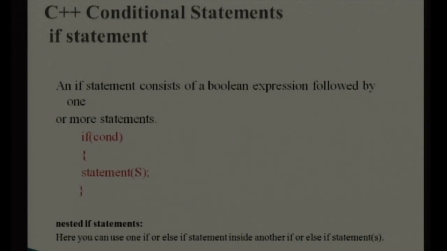If it is true, then whatever is inside this block, written within the start and end curly braces, will be executed. But if the condition is false, we will not execute what is inside this block, and we will go outside of this block.